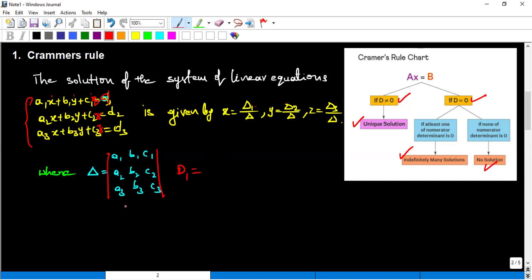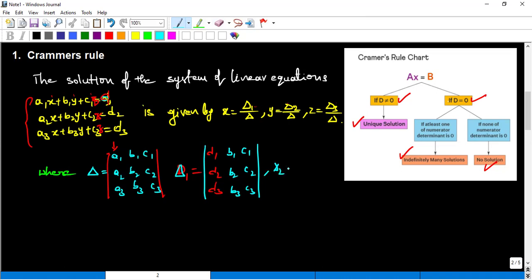What is this delta 1? We have delta, and delta 1 is nothing but replacing the first column with d1, d2, d3. You will get another determinant with d1, d2, d3, and write the remaining b1, c1, b2, c2, b3, c3 as they are. This is delta 1, or you may call it dx.